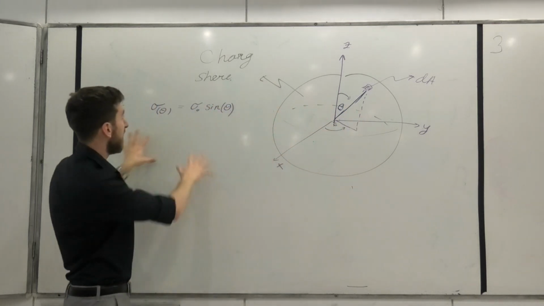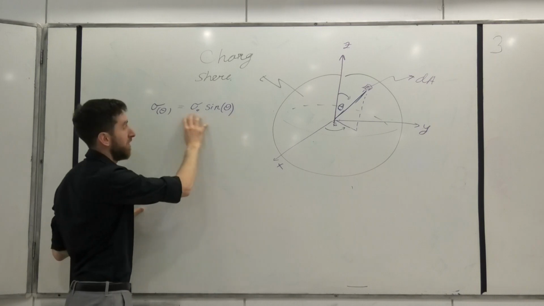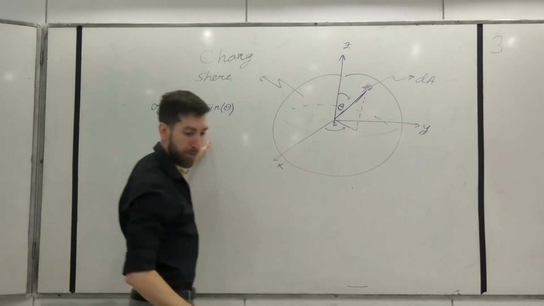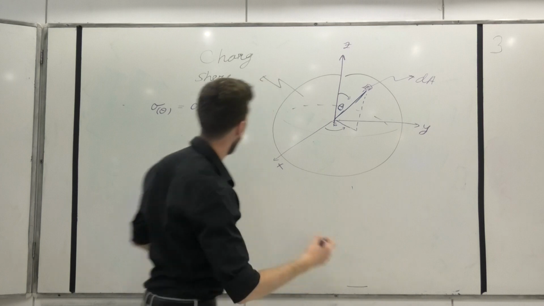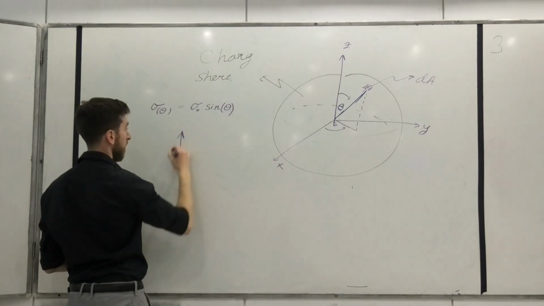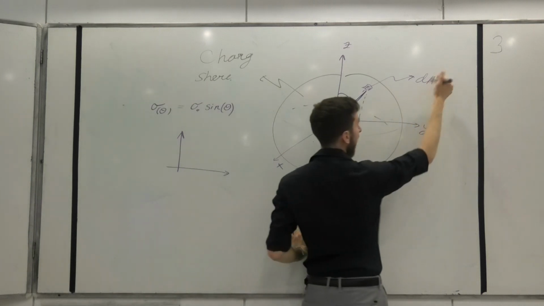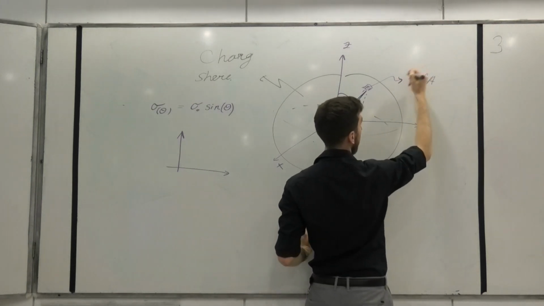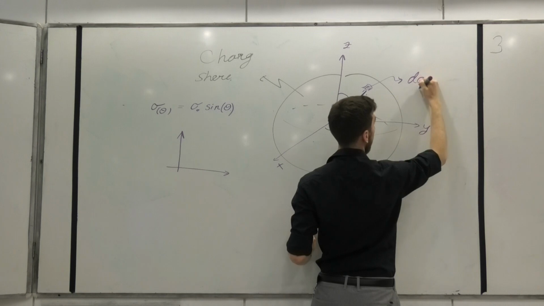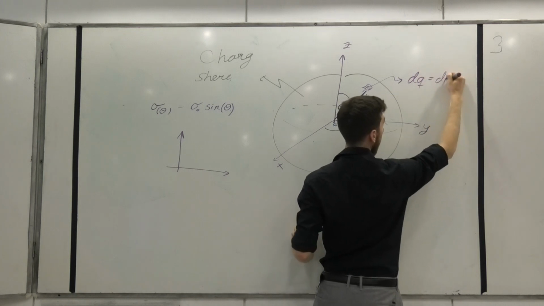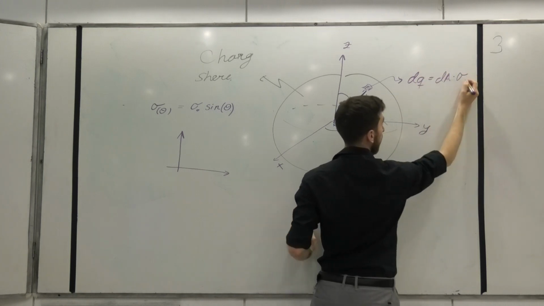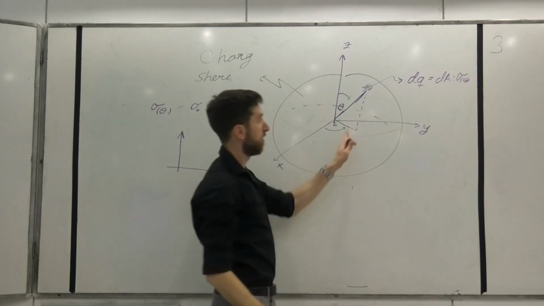So they're telling me that the charge is distributed in this orientation. How does sine look? Remember sine? This is dA, or actually this one can be called dQ, which is equal to the area multiplied by the charge distribution, which we know is a function of theta.